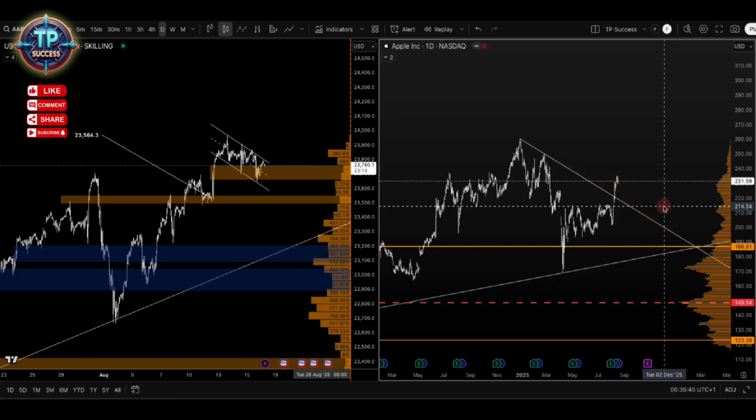What I'm looking for right now is to see possible areas of a bounce, right? So I can see in this area right here, we have a low volume node, right?